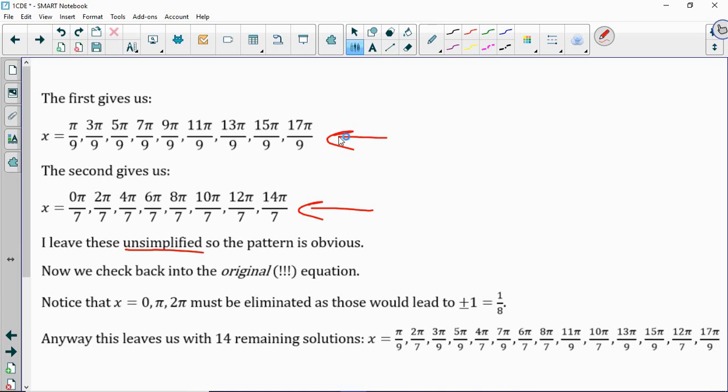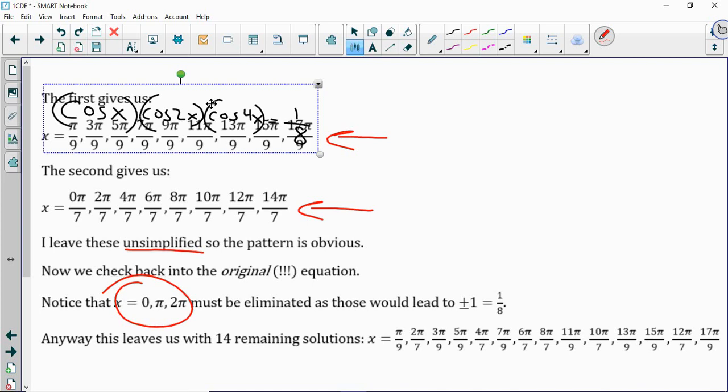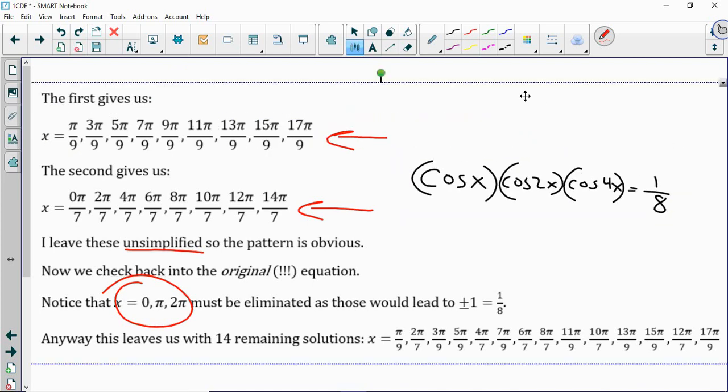But then we need to check back into the original equation, because remember I said earlier that there's only going to be 14 solutions, and if you count these up real quick, there are more than that. So if we check these 3, they end up not working. The original equation, by the way, was this one right here, if you've forgotten.